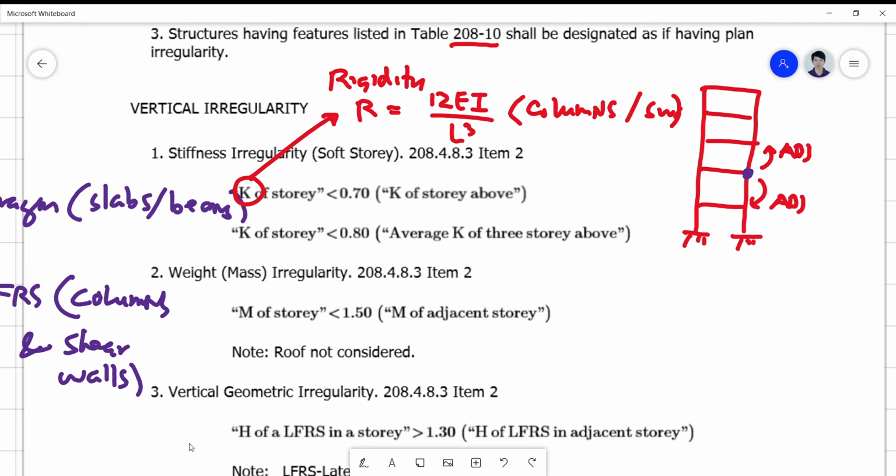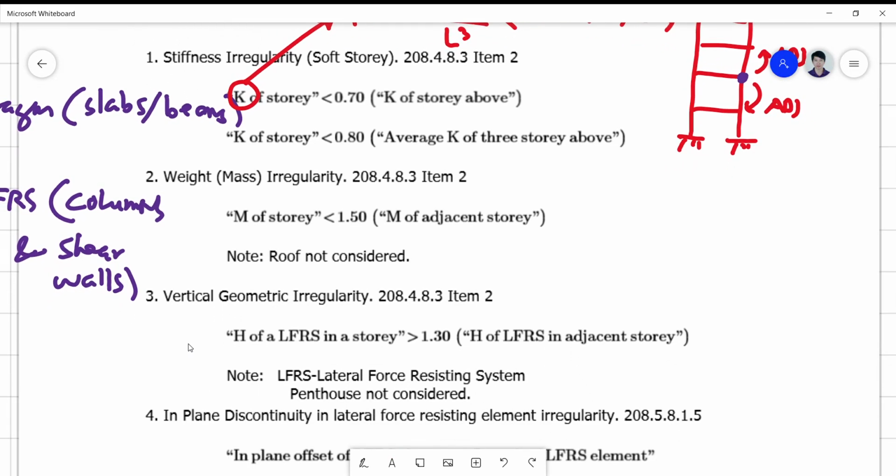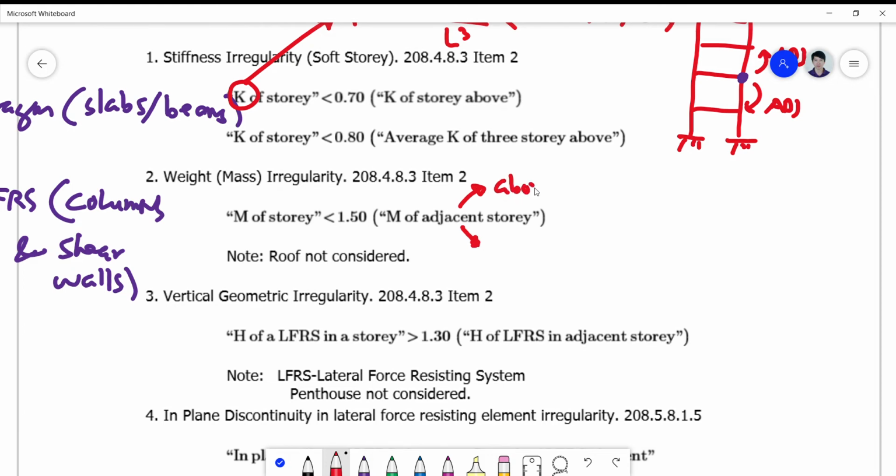Okay, for weight or mass irregularity, you just refer to the section that is cited here in the lecture. The mass of the story must always be less than 1.5 times the mass of each adjacent story. When you say adjacent, you are checking the story above and below.